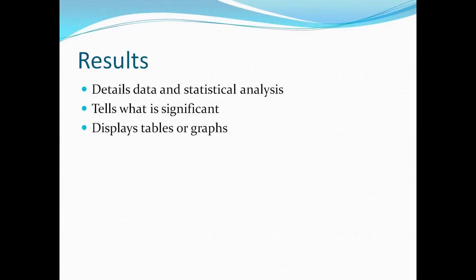And then the results section details the data and the statistical analysis. It often lists results that were significant, but it can also list results that were found to be not significant. And the results are typically displayed in tables or graphs in the papers.